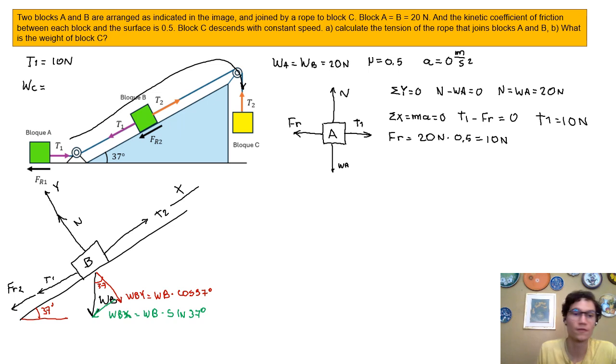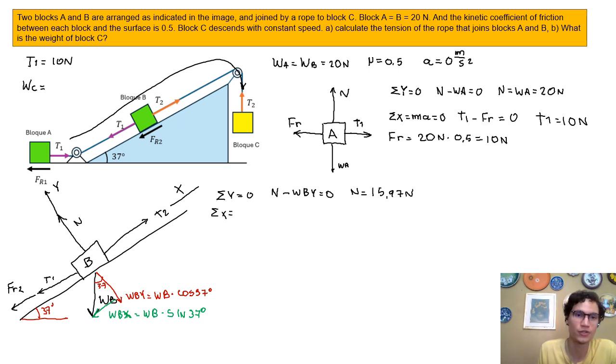So we can sum all the forces. The y-axis is also 0, there's no movement, and we only have the normal force minus the weight B in the y-axis equal to 0. So the normal force will be equal to 15.97 newtons. Then in the x-axis, it happens again the same.